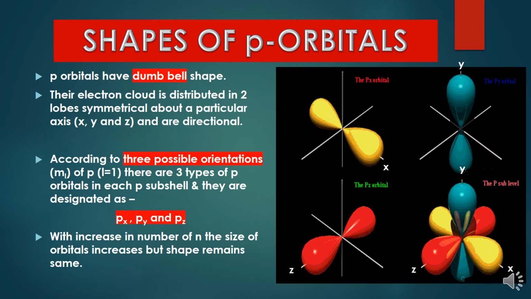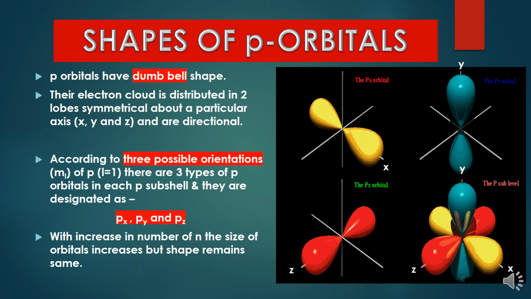So on the basis of three possible orientations, each p subshell has three p orbitals, which are designated as px, py and pz. Collectively, all these three orbitals are present, as you can see in the fourth diagram, in x, y and z different directions.